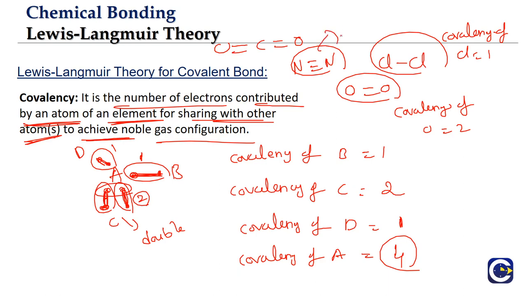Nitrogen is forming a triple bond with another nitrogen, so the covalency of nitrogen is 3. Carbon is forming a double bond on this side and a double bond on this side, so totally the covalency of carbon is 4. Whereas oxygen is forming a double bond, covalency 2. This oxygen is also forming a double bond, covalency 2. We have already seen this in the O2 example. So different elements can have different covalency. But how does this come about?